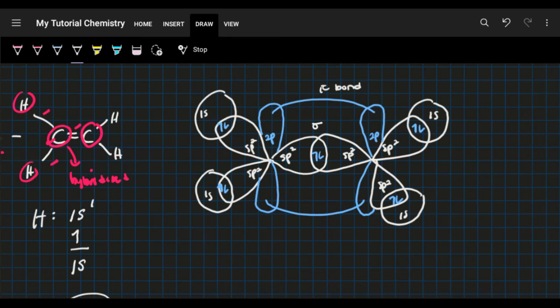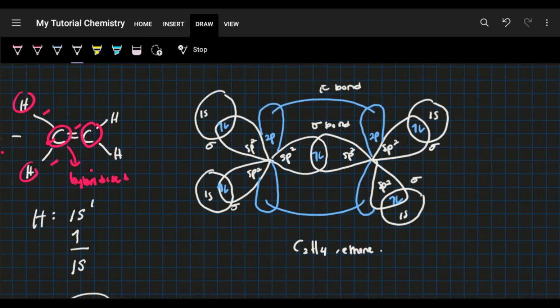Head-on overlapping forms a sigma bond, so any head-on overlapping is a sigma bond. Now this is the sp2 hybridization. This is C2H4 or ethene.